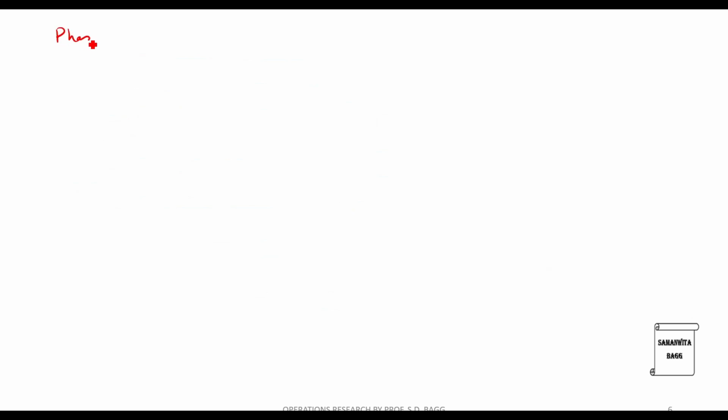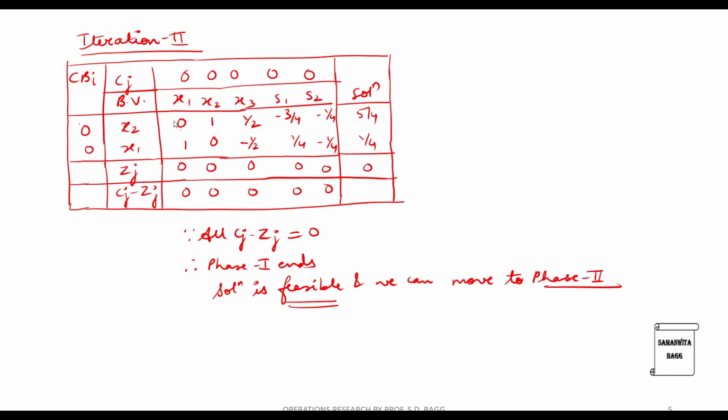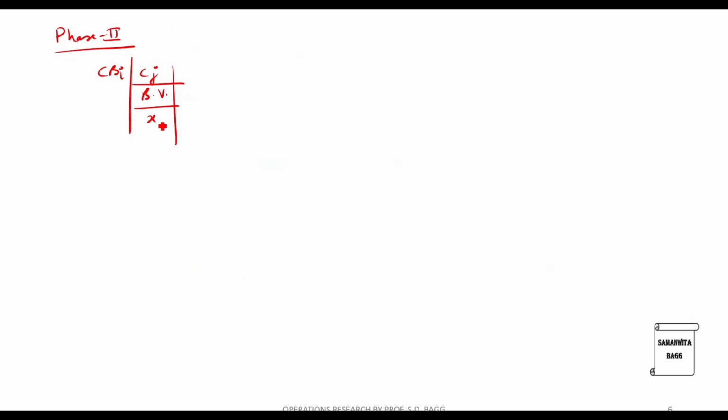We will write down phase 2 and we will draw the table: Cj, basic variable. Now what you need to do is copy this innermost table, only the innermost portion. Also these variables. But these values are what are going to change, the coefficient values. So I will write here x2, x1.